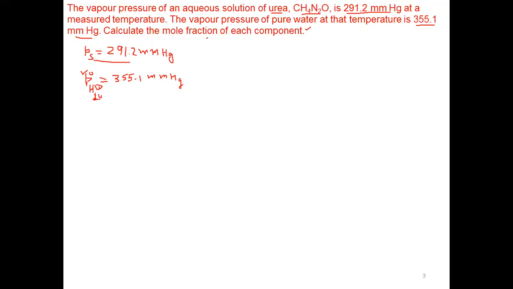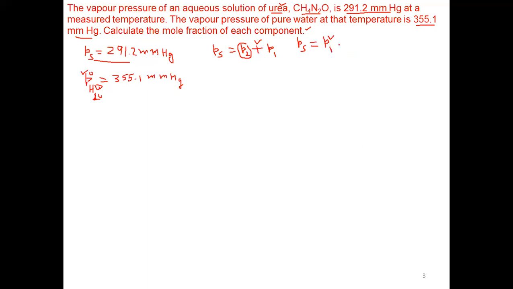If we look very carefully, the solution is prepared by addition of urea, which is a non-volatile compound. Now we all know that the total pressure of the solution is equal to the pressure of the solute, denoted by P2, plus the pressure of the solvent, which is water. But the solute is non-volatile, so it will not contribute to the vapor pressure. So we can say that the vapor pressure of the solution will be equal to the vapor pressure due to the solvent in the solution.